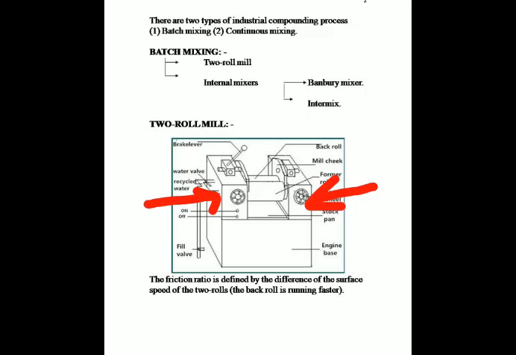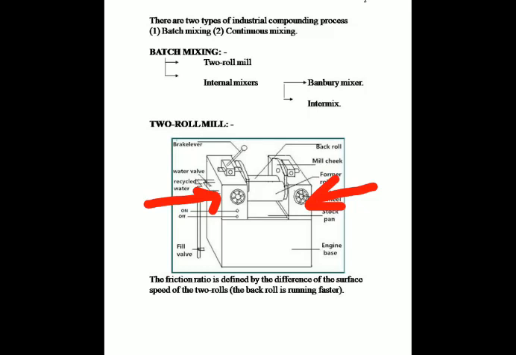What is friction ratio? Friction ratio is defined as the difference between the surface speeds of the two rolls, that is the difference between the surface speed of the front roll and the back roll. Usually the back roll is running faster than the front roll.